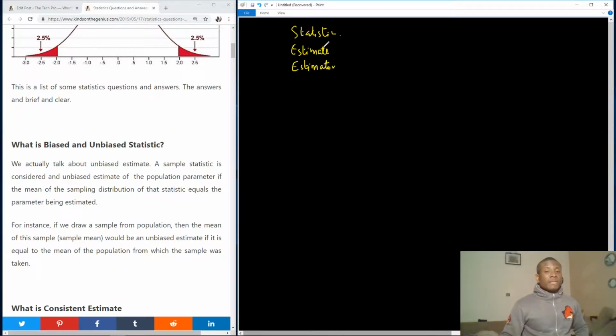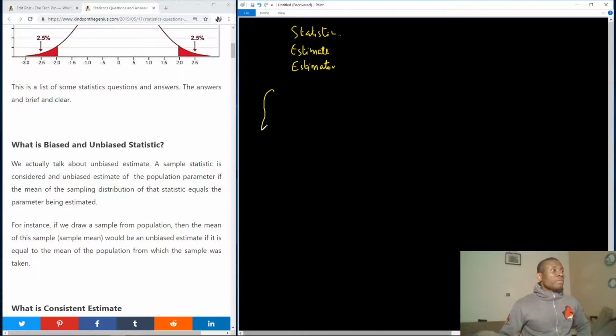All of them are the same. So unbiased statistics means that the calculation or the estimate you made is equal to the value of the parameter you are estimating. Let me illustrate it so that it becomes clear.